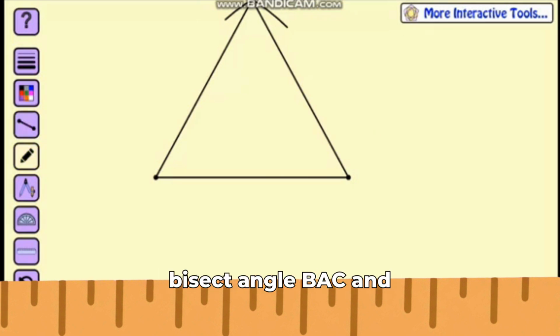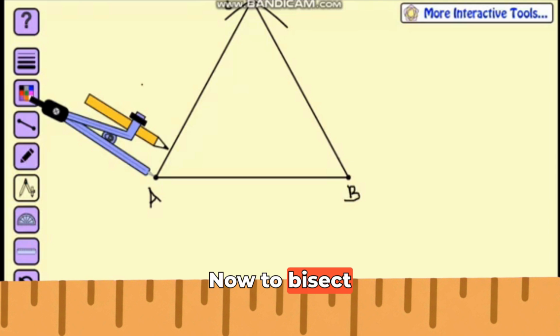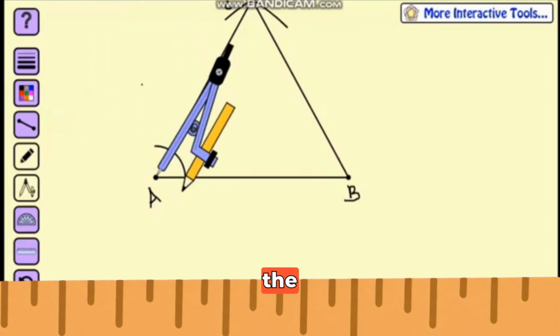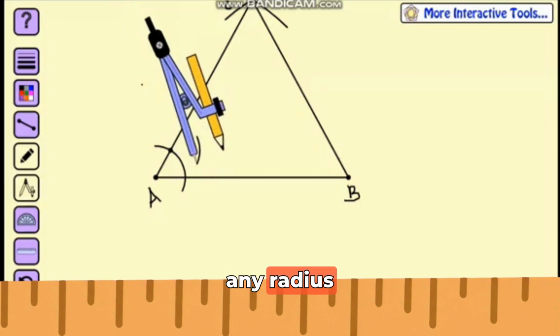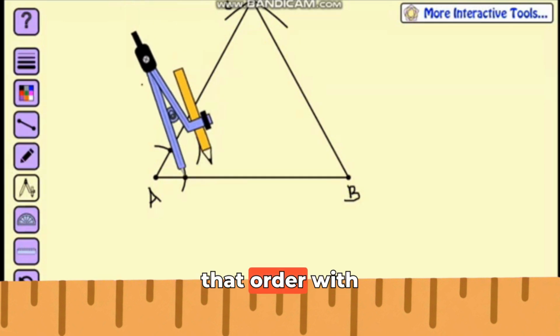The next question says bisect angle BAC and angle ABC and let the angle bisectors meet at O. Now, to bisect an angle, you open the compass with any radius and draw an arc in that order.